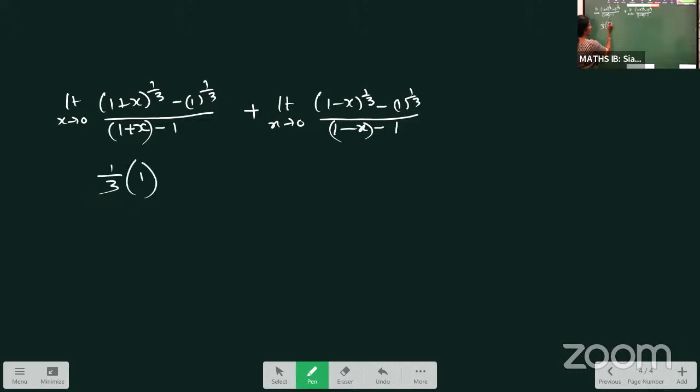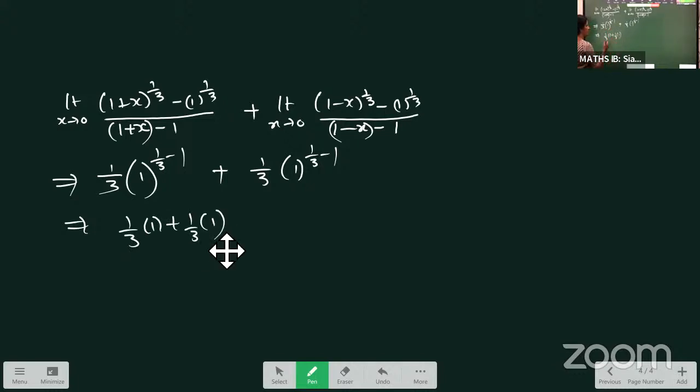In the same way here again, n into a is 1 power 1 by 3 minus 1. So 1 by 3, 1 power anything is 1, plus 1 by 3, 1 power anything is 1. 1 by 3 into 1 is 1 by 3, plus 1 by 3 into 1 is 1 by 3. So 1 by 3 plus 1 by 3 is 2 by 3.